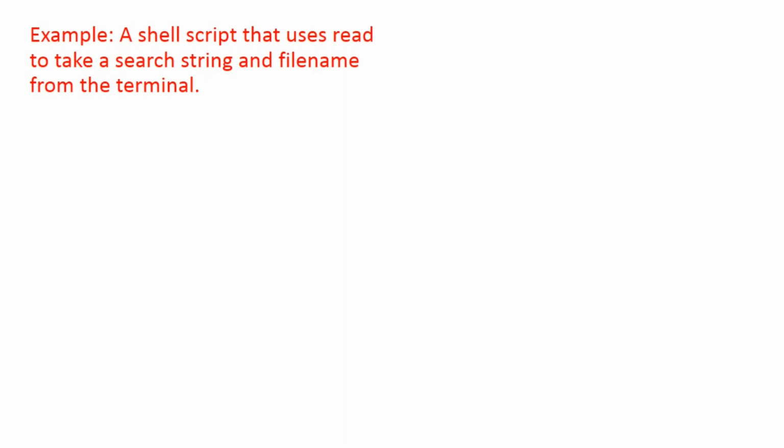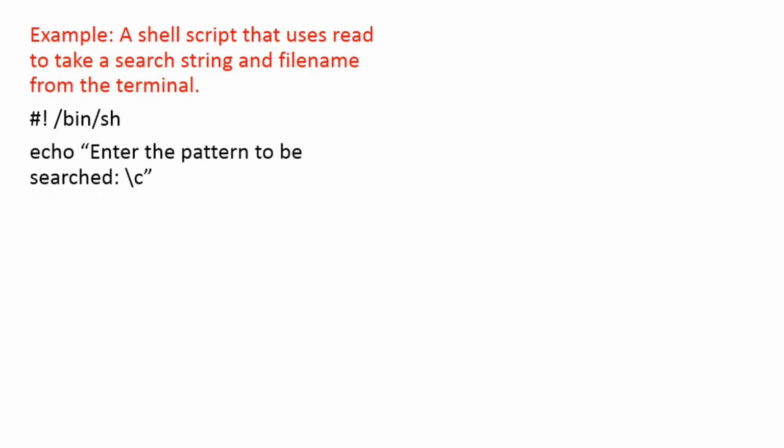So here is one example of writing a shell script. In this example I am going to search for a pattern from the file name which is given in the terminal. The first line in the shell script is the shebang, hash not slash bin slash sh.